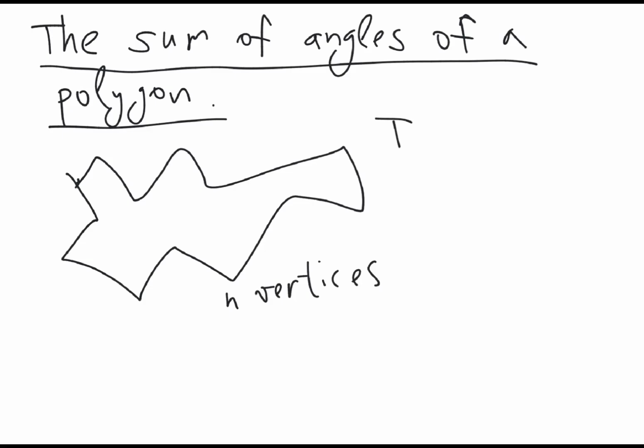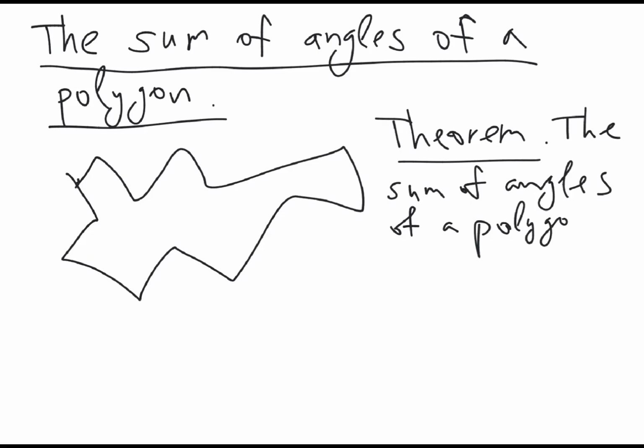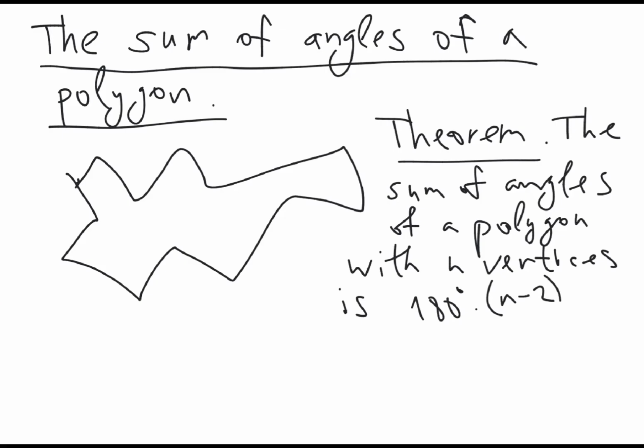So the theorem is that the sum of angles of a polygon with n vertices is equal to 180 degrees multiplied by n minus 2.